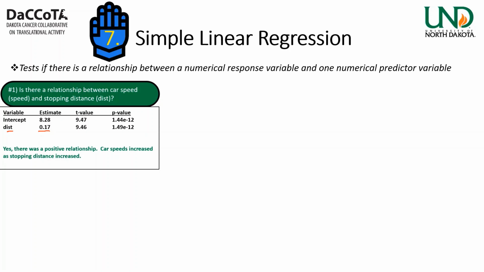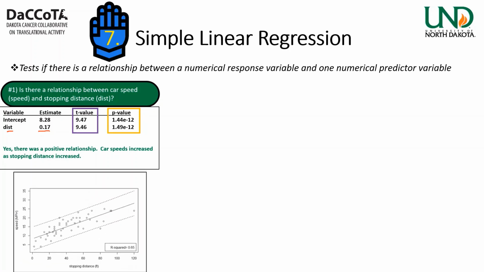That's going to be the slope of our line of relationship between these two variables. We, of course, have a t-value and a p-value, and so distance was significant, and the estimate was positive, so there is a positive relationship. So I'm plotting it here. Stopping distance increased with car speed; as that went up, so did the speed.